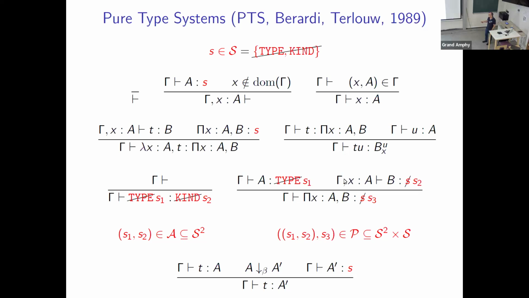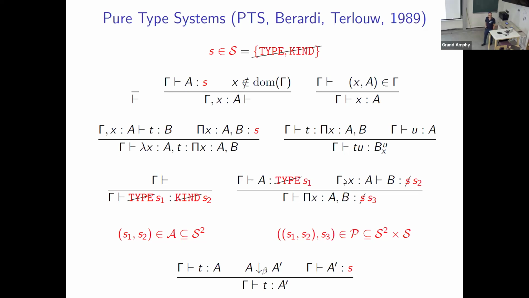And keep all the same rules, but now parameterize all those rules by a set of sorts S, by a relation between those sorts to say what is the type of a sort, and also another relation on triples of sorts to describe what are the possible products that we can do in this system. So it's a generalization. We parameterize all the typing rules by this set S, this relation A, and this relation P for products.